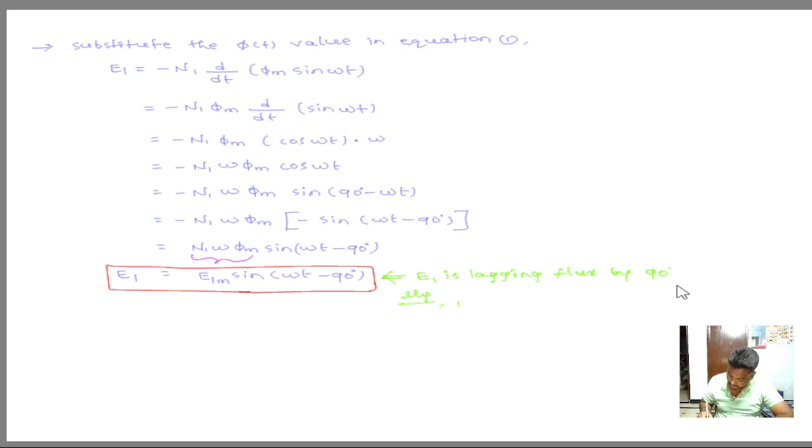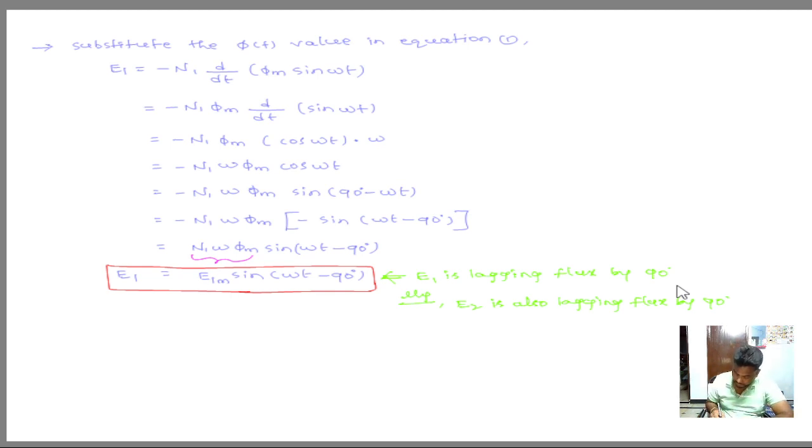Similarly, E2 is also lagging flux by 90 degrees, because of the same flux EMF is induced in the primary and secondary. Is it clear?